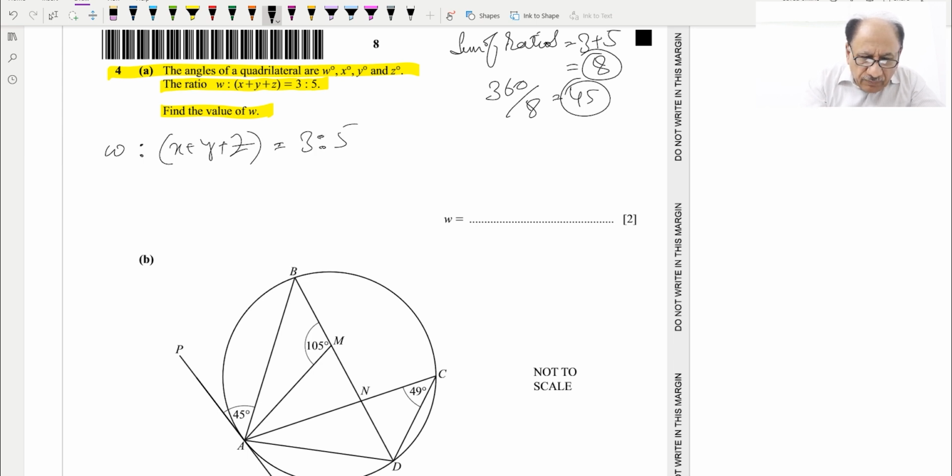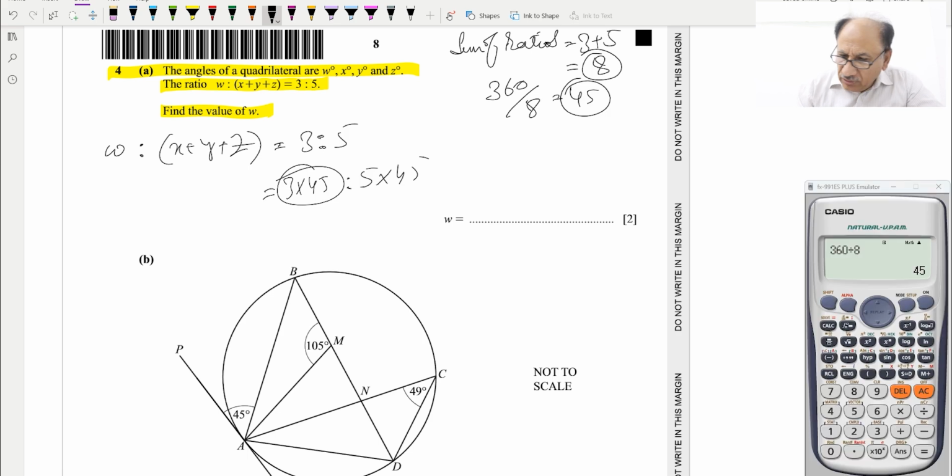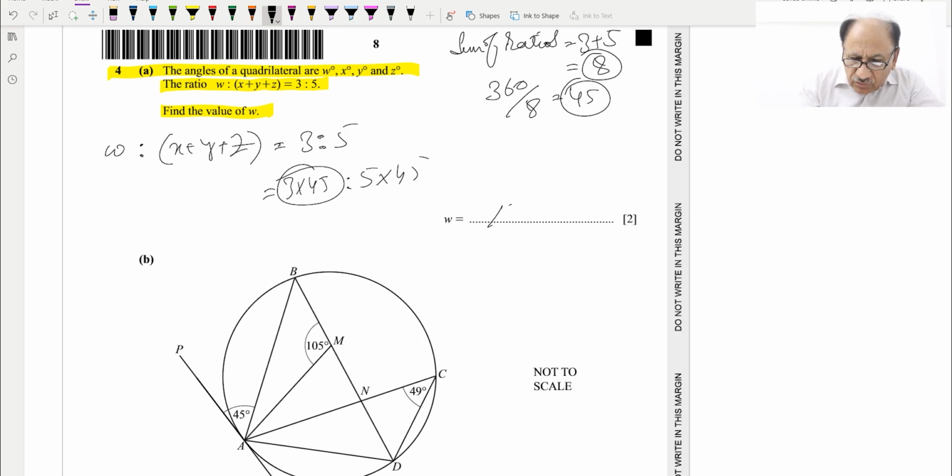So we can multiply 3 into 45 and ratio 5 into 45. So they are asking for this portion W, which is 3 into 45, and 3 into 45 will be 135. So W value will be 135 degrees. Okay, so this is for 2 marks.